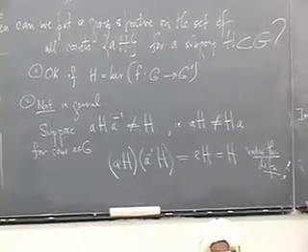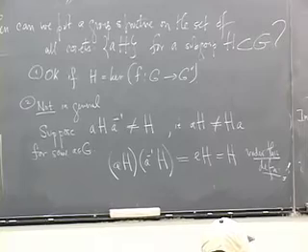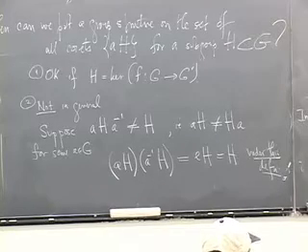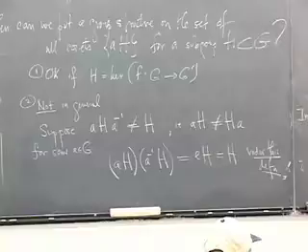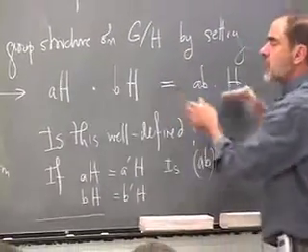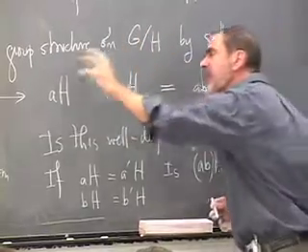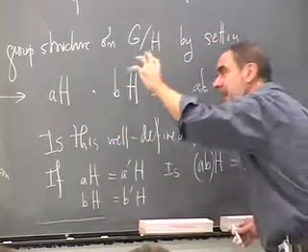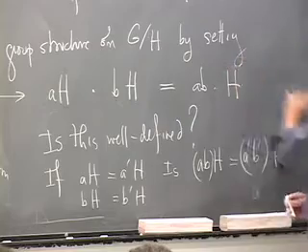Now, if you think about this requirement, since this would be true for any A prime in AH, and for any B prime in BH, this definition will only work if the product of anything in here times anything in here is in this coset.